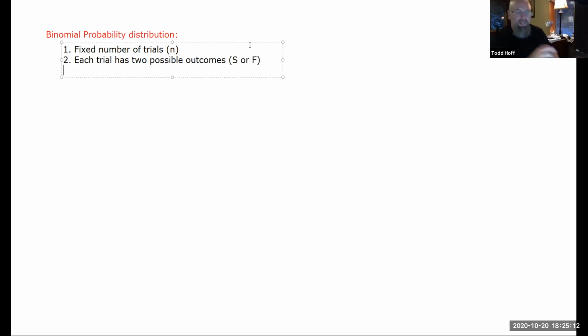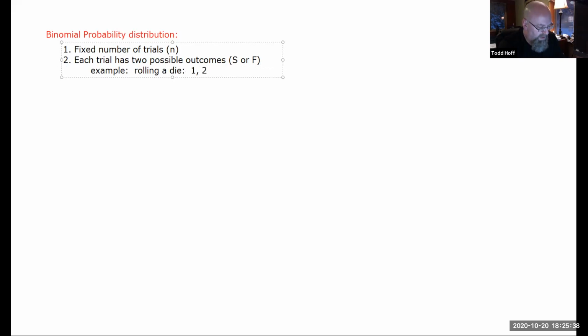Now, that doesn't mean that there's only two possible results. You always go to flipping a coin because there's heads or tails, which is only two possible results, period. But you can have more than two possible results and still be binomial. For example, rolling a die.